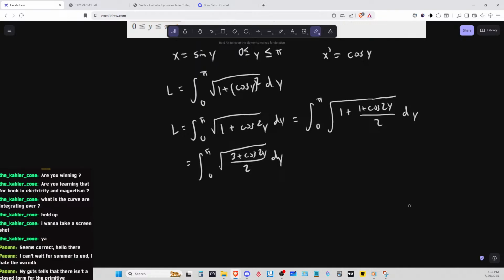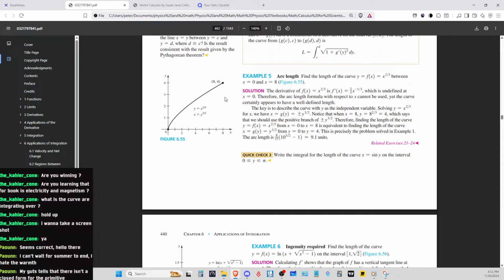My gut tells me that there isn't a closed form for the. Okay, I think we. Oh yeah, that's an example. Quick check.